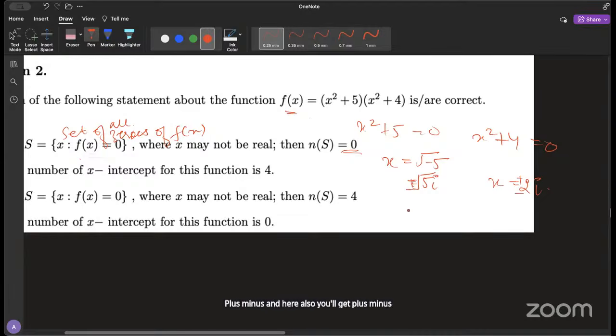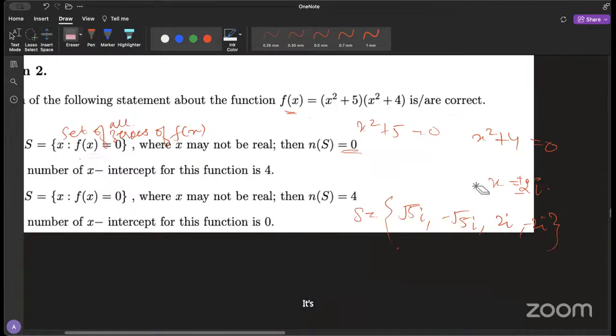So the roots are root 5 iota, minus root 5 iota, then 2 iota and minus 2 iota, right? These are your roots. So your S set is equal to this, right?